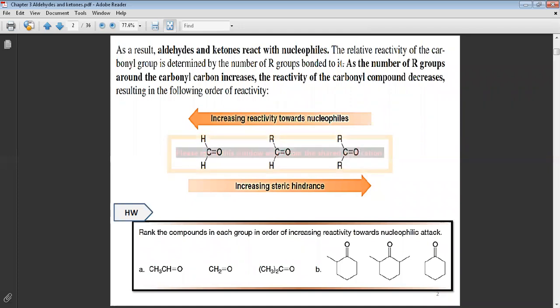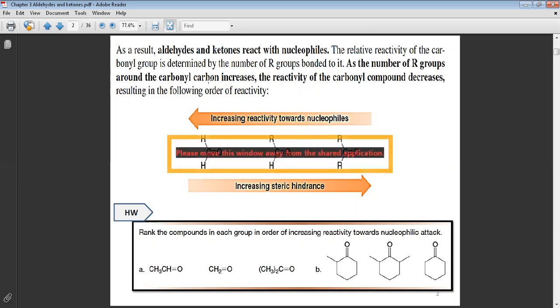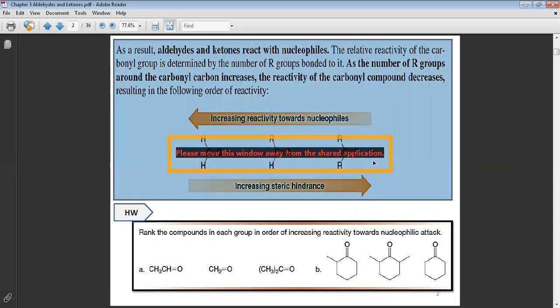As the number of R groups around the carbonyl carbon increases, the reactivity of the carbonyl compound decreases, resulting in the following order of reactivity.